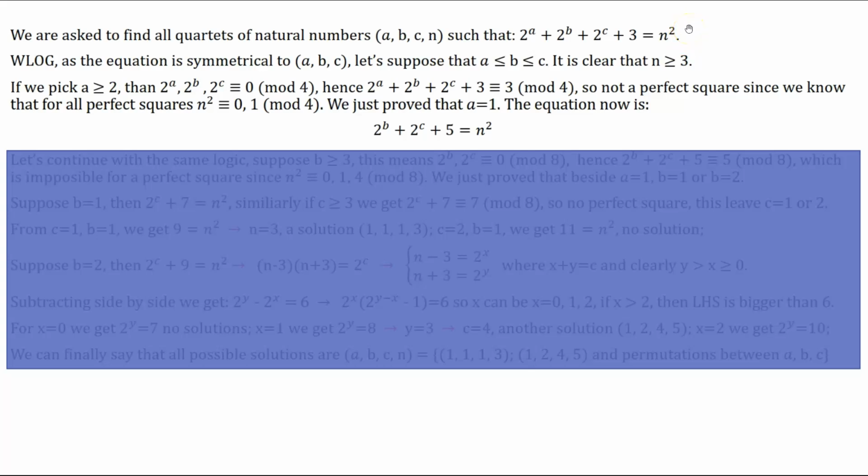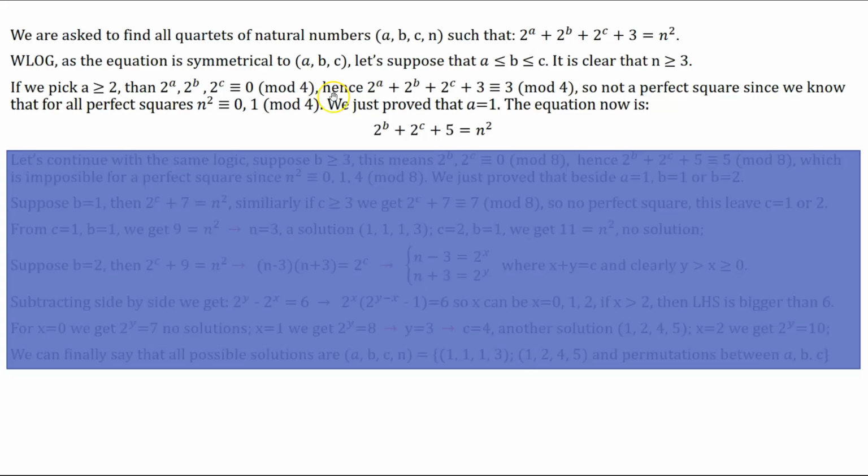So first of all, let's say that we can pick some possible values of a such that a is greater or equal to 2. Now, if a is greater or equal to 2, this means that 2 to the a, 2 to the b, and 2 to the c are congruent to 0 modulo 4, which means that all these three numbers are divisible by 4, because of course they will have much more than one 2 in their representation.